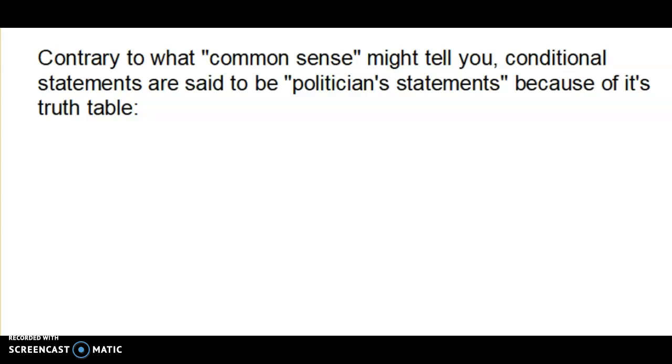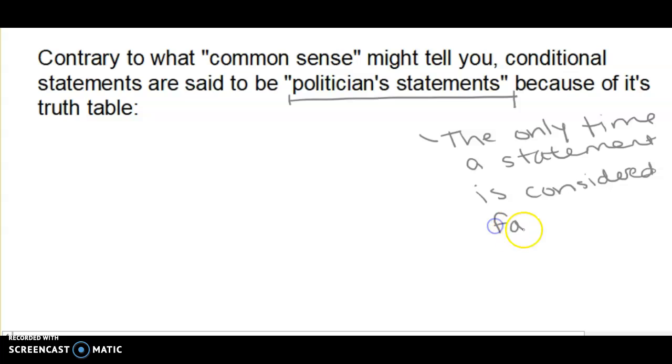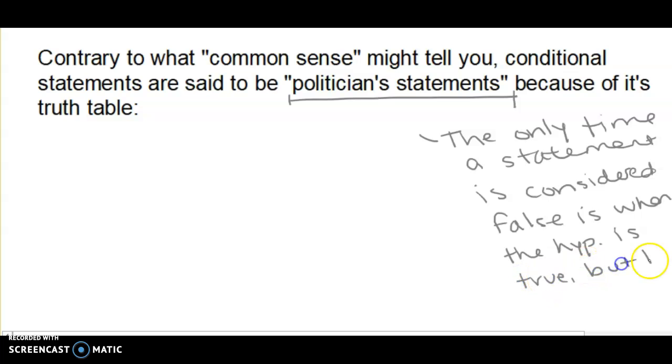Now, truth tables are considered politician statements a lot of the time because the only time a statement is considered false is when the hypothesis is true, but the conclusion is false.